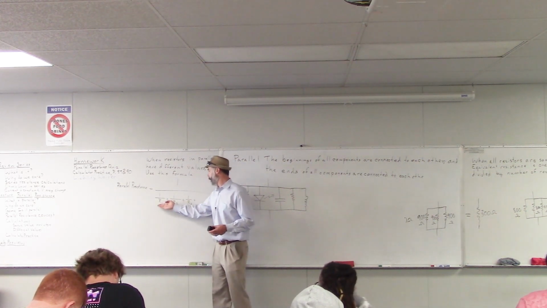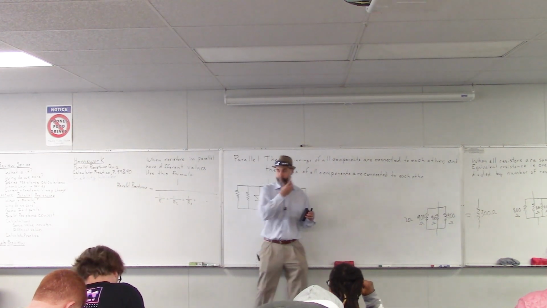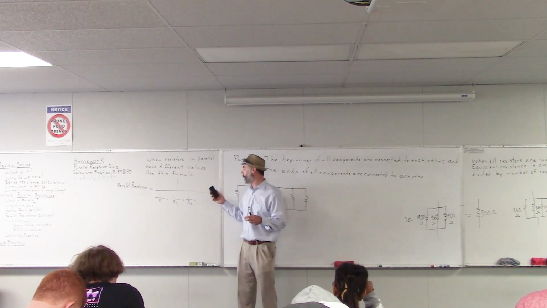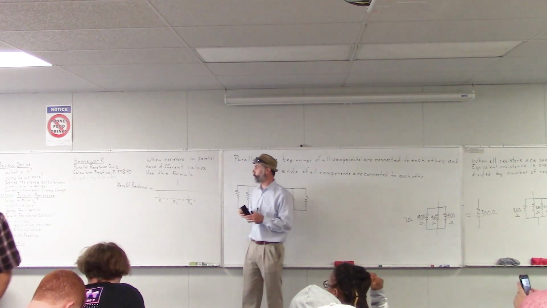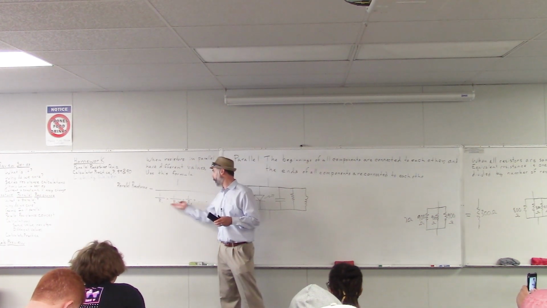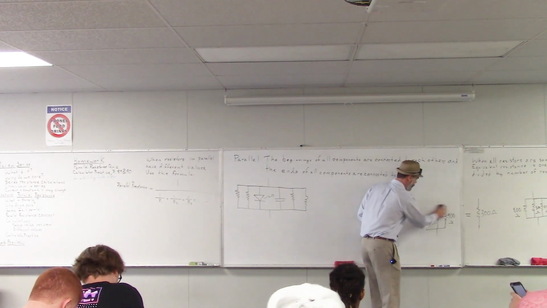Couldn't you just say that's R1 plus R2 plus R3? A lot of people get confused and think that's the case, but it turns out that's not actually the way that adding fractions works. So we'll go through an example and we'll see how that turns out.